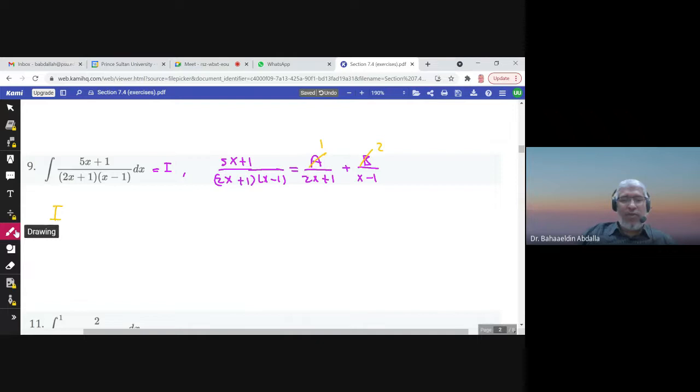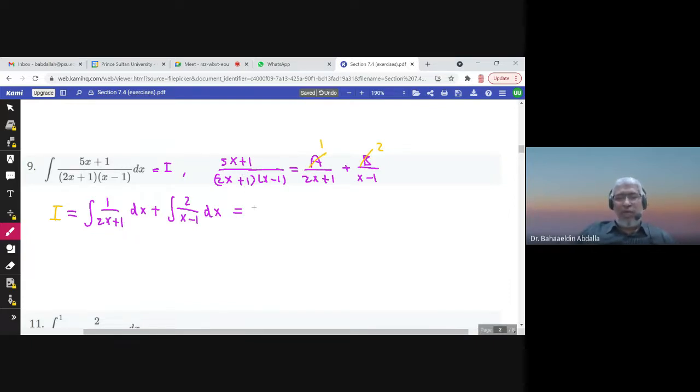And I would be equal to integral of 1 over 2x plus 1 plus integral of 2 over x minus 1. Of course, if you add these two fractions, you will get this one.